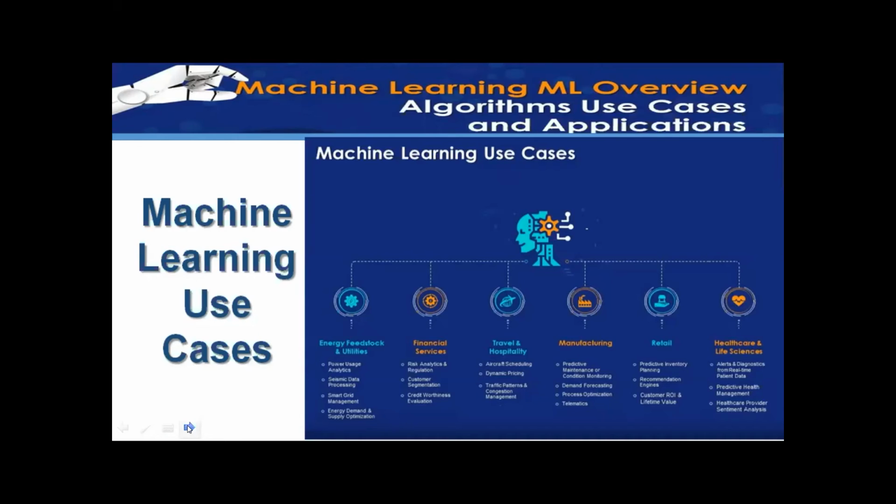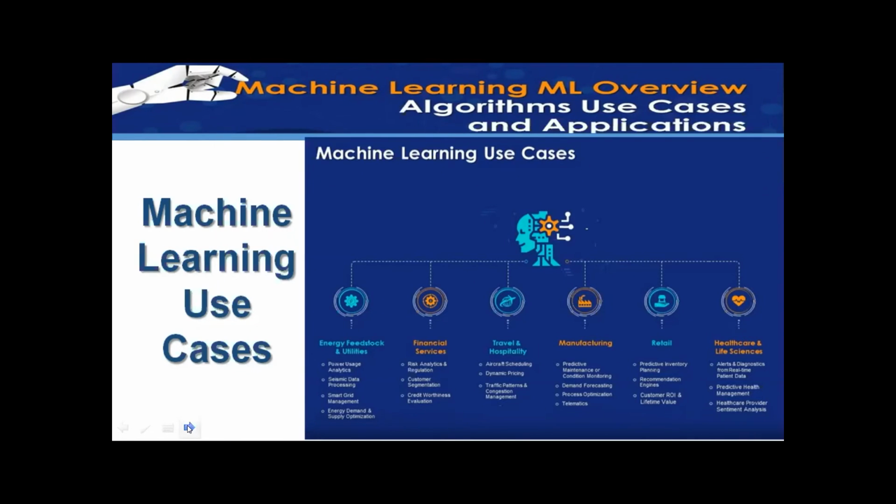In the manufacturing sector, you can go with predictive maintenance or condition monitoring, demand forecasting, process optimization, and telematics. If you choose the retail industry, you can apply this technique to predictive inventory planning, recommendation engines, and customer ROI and lifetime value.